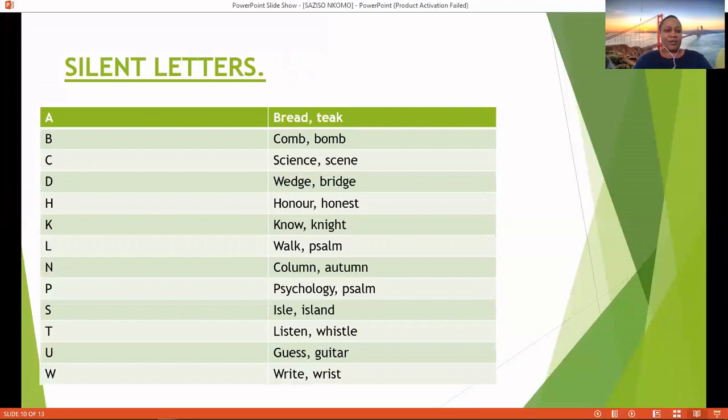Silent letter L in walk. Silent letter N in column and autumn. Silent letter P in psychology. Silent letter S in isle and island. Silent letter T in listen and whistle. Silent letter U in guess and guitar. And silent letter W in write and wrist.